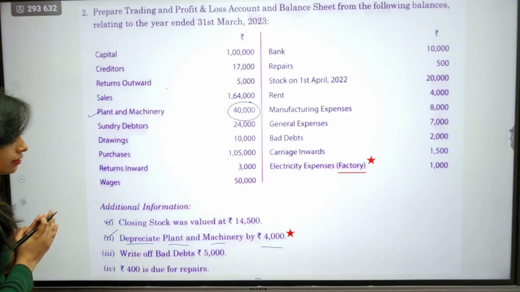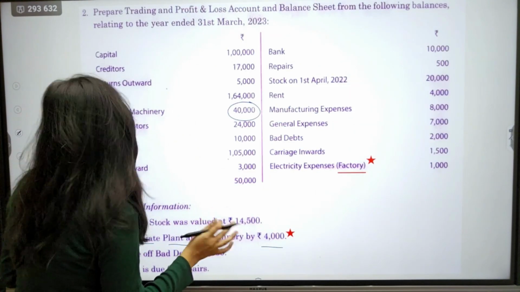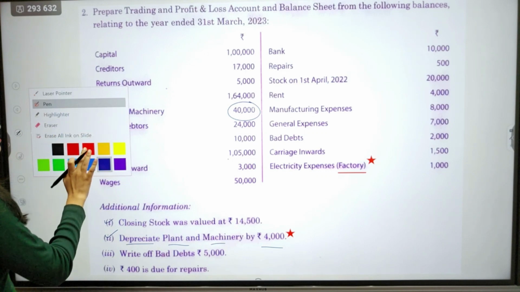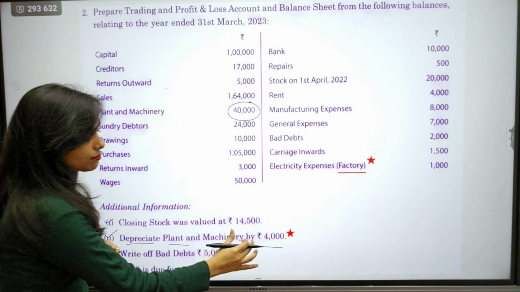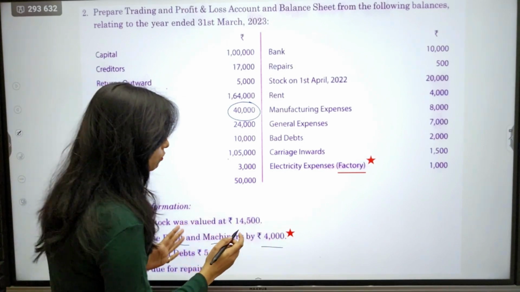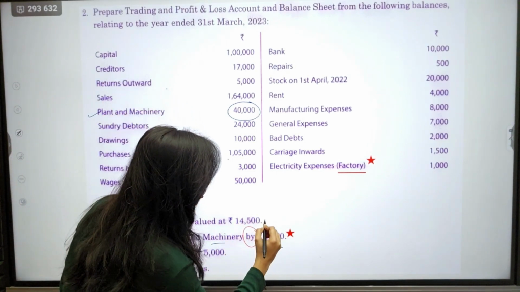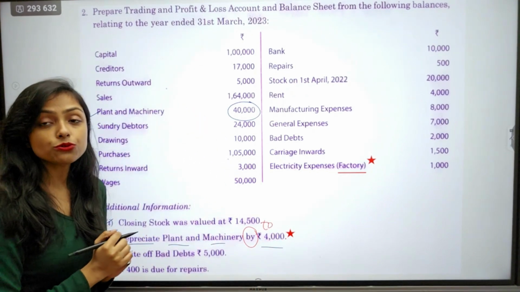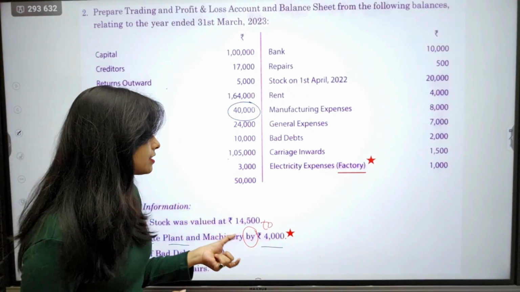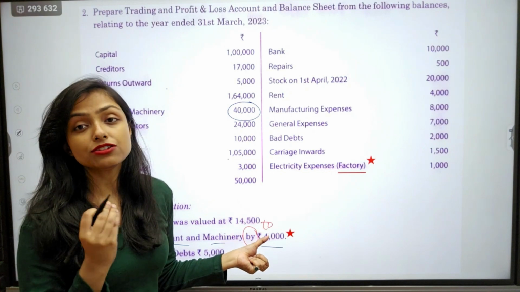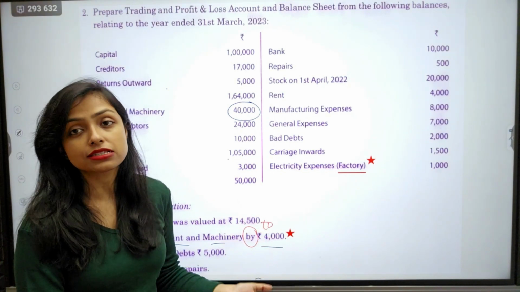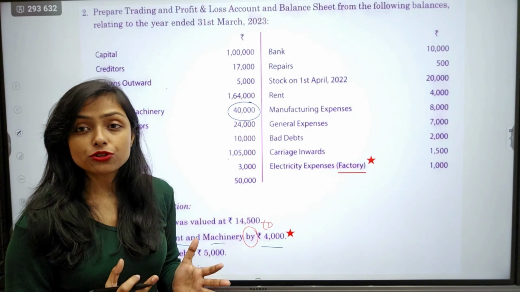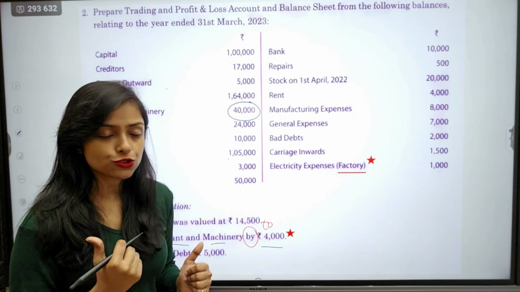Okay. Now, one trick point can be, sometimes in your exam, what they can do is, instead of writing depreciate plant and machinery by 4,000 rupees, they can also say depreciate it to 4,000 rupees. What are you going to do then? This will mean that you have to depreciate it to 4,000, means you have to bring down the value to 4,000 rupees. That means how much are you going to depreciate in that case? 36,000 rupees.